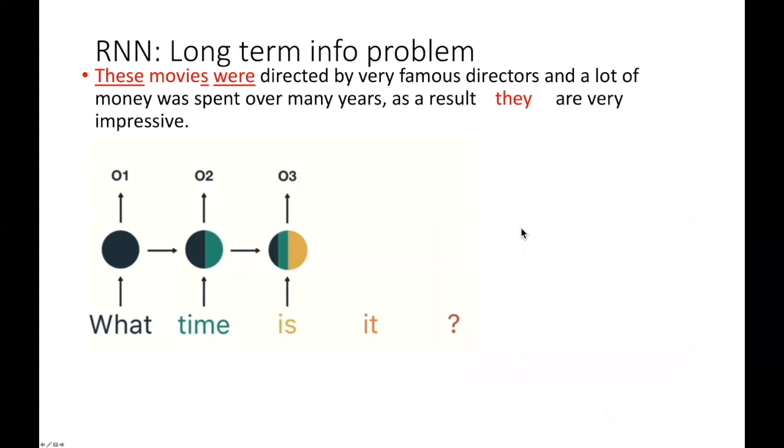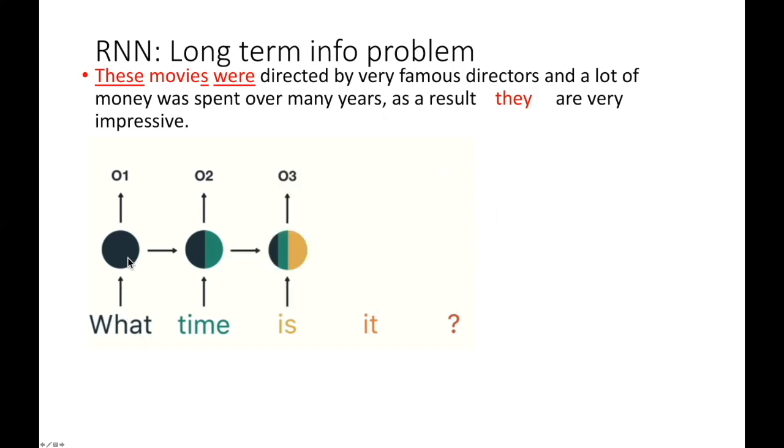All right, so RNNs suffer from something called the forgetfulness or long-term information problem. What basically happens is, if you notice that the RNNs keep taking the input at each time step and adding it to their hidden state, and every time step, the input which came pretty far back will keep getting a smaller and smaller representation in the hidden state.